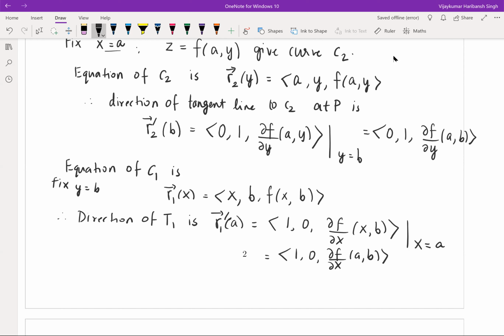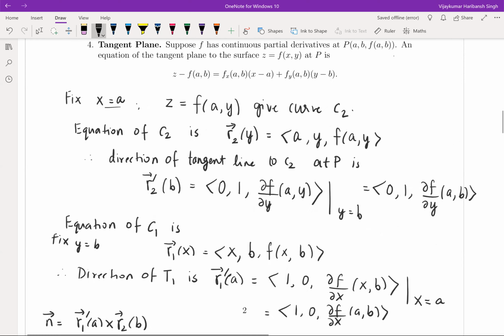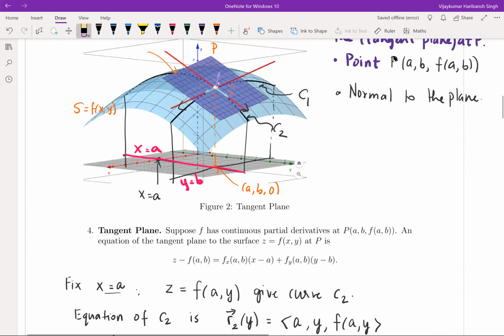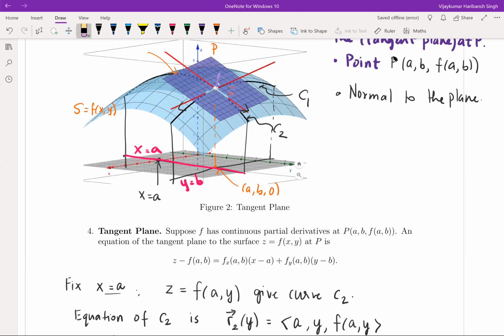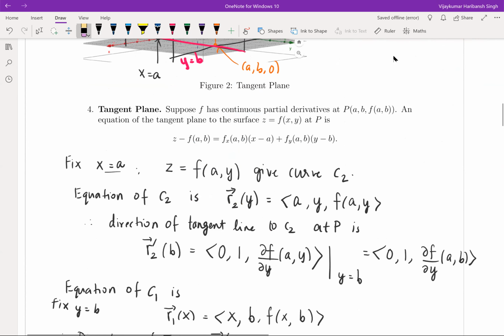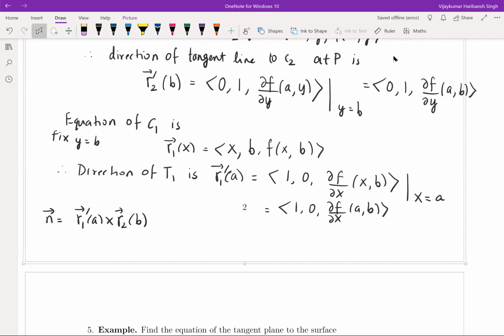So the normal is, you can take either way. I'm going to take R1 cross with, so when I take cross product of these two vectors, let me take normal to be this guy. So cross product of this will be T2 cross T1. Let's take that right hand rule, although it doesn't matter. So T2 cross T1 is going to be, so let's just rewrite it in slightly different format.